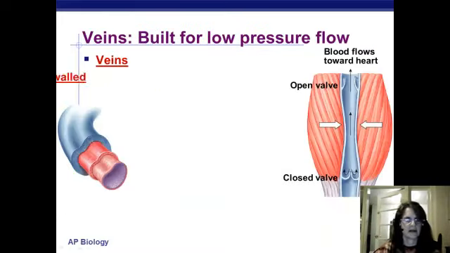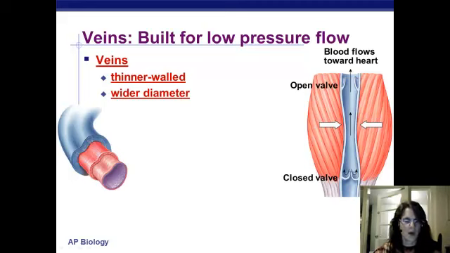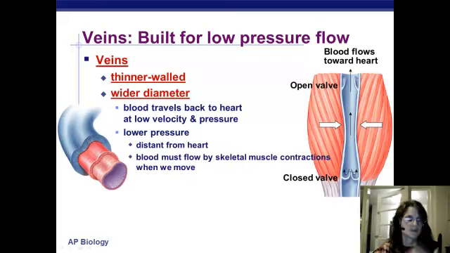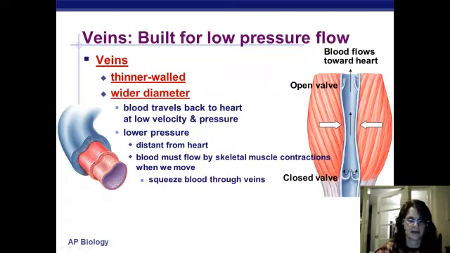Here's a vein, again, thin-walled, wider diameter. We want it to be very easy for blood to flow in a vein because the pressure is less in the vein. It's moving slower in the veins. It's because we're usually bringing the blood back to the heart from being very far away from the heart. Okay?